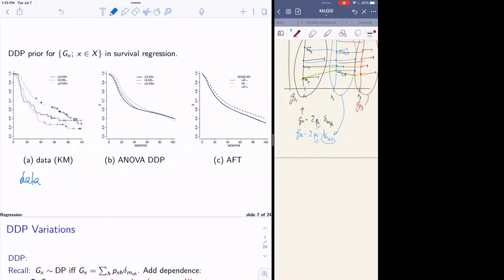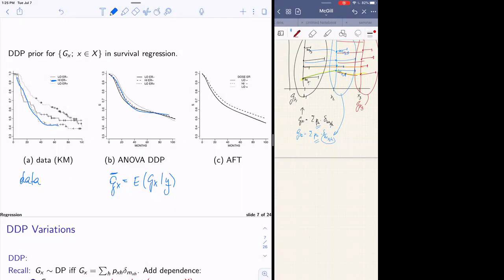And then in the center you can see the Gx bar, which is just the posterior expectation of G sub x given the data. And with a little fantasy, I would say that's a reasonably good fit. Here there was the dashed line for the dashed covariate combination. This was high dose and ER negative. With a little bit of fantasy, I would say that's not a bad fit.